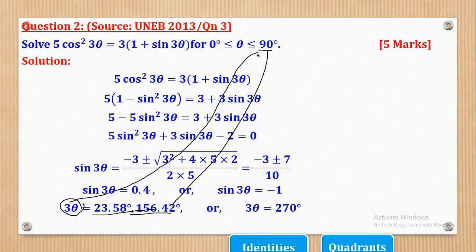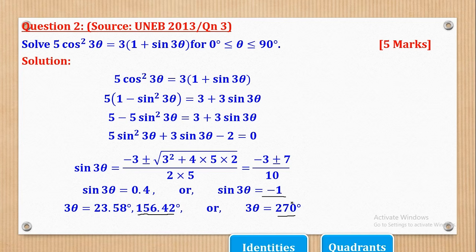So when I multiply 3 by 90, I'll come up with 270, meaning that the maximum angle must be 270. Now since this 156 is less than 270, it means that it is still in the required range. In this case, it is 270 and you can't add another angle because it will be outside the range.